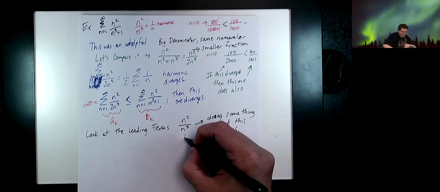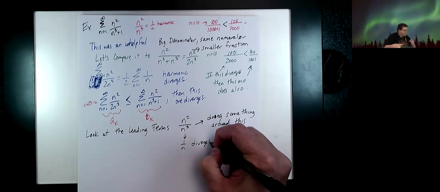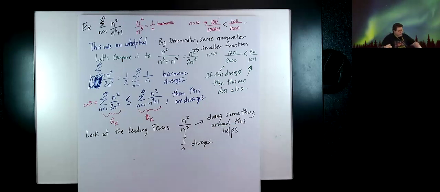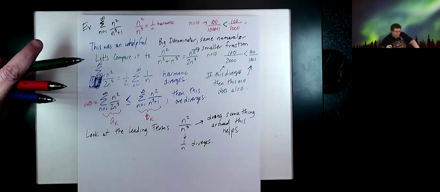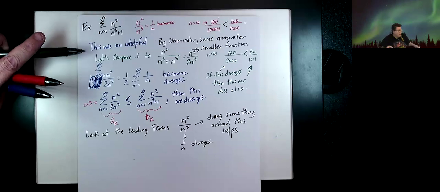Because this is 1/n and that diverges. So your initial thought, maybe if you just looked at the leading ones, which is a good way to do it, look at the leading ones and go, what's going on? If there is a leading one, like polynomials or something like that.